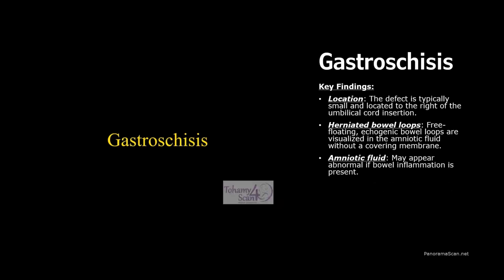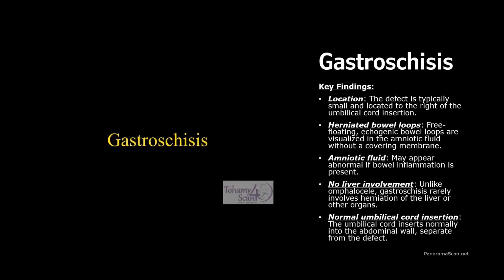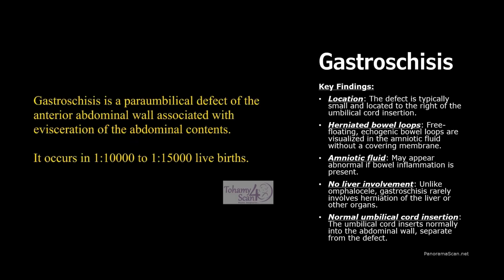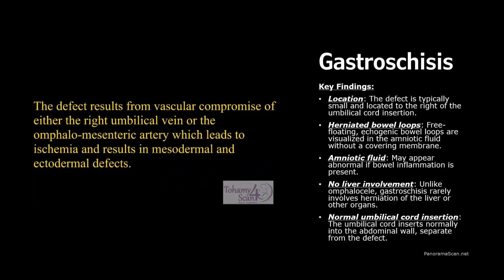Amniotic fluid may appear abnormal, particularly if bowel inflammation is present due to exposure to amniotic fluid. This can also affect fetal development. Unlike omphalocele, gastroschisis rarely involves liver herniation or other organs. The umbilical cord inserts normally into the abdominal wall, separate from the defect, further aiding in distinguishing it from the similar condition. Let's watch this video together.